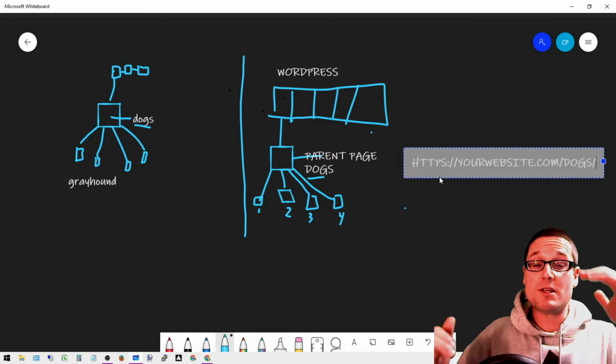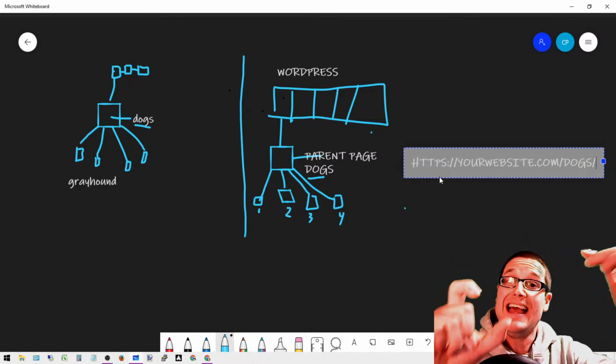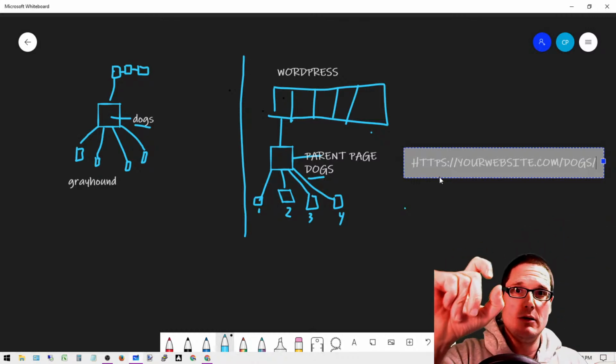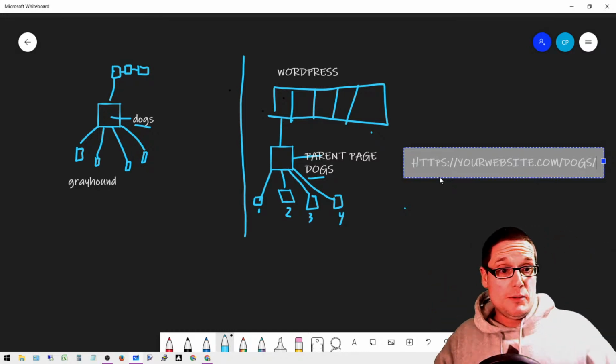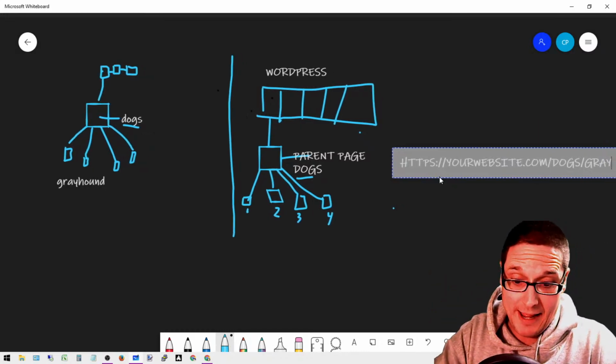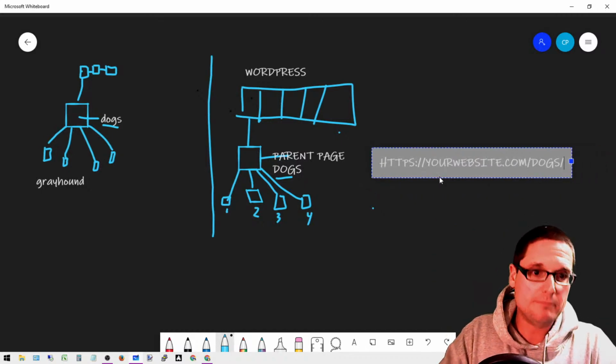Usually there would be a forward slash, and then all the child pages, you would put in the top level menu as greyhound or whatever animal it is.